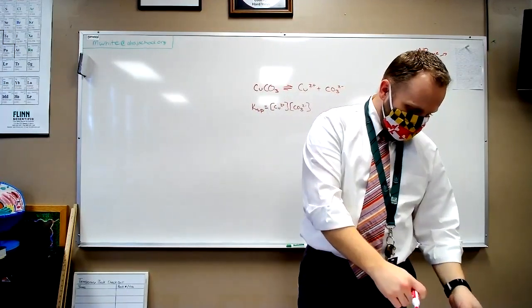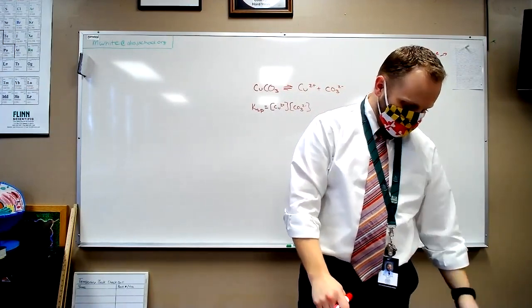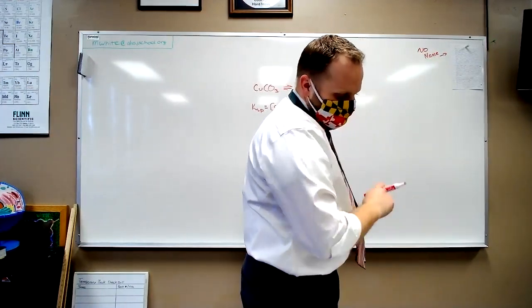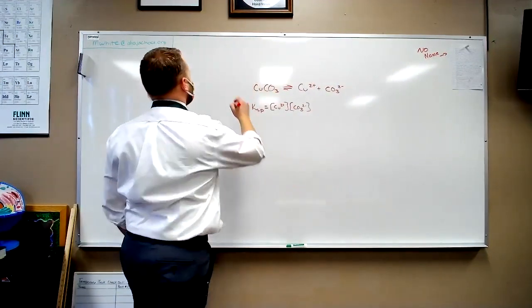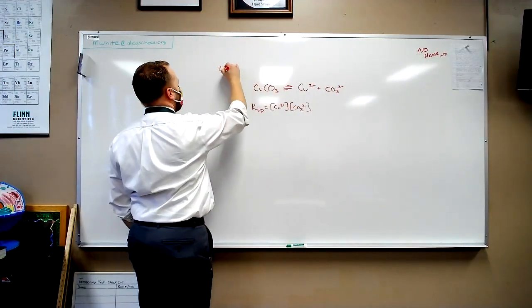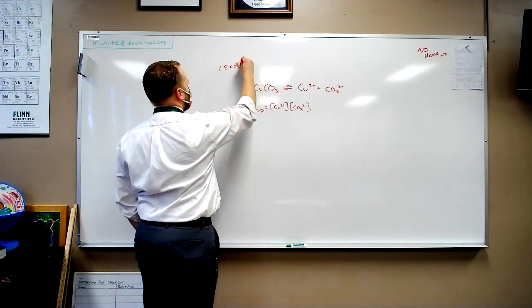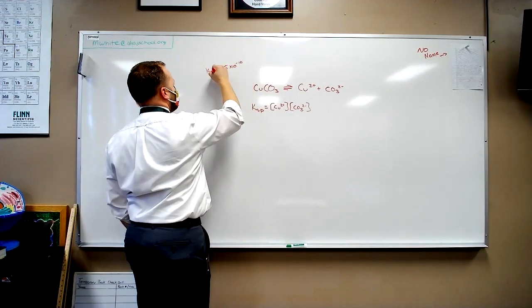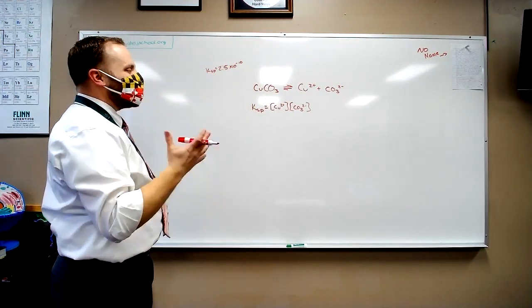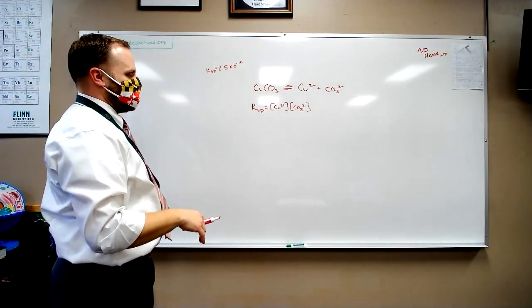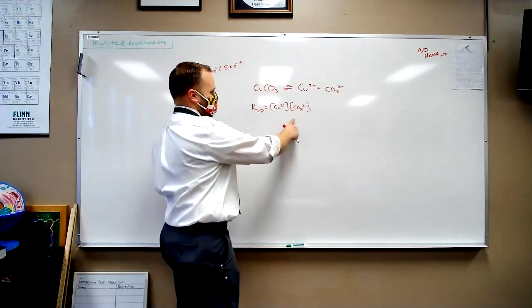It says to use the Ksp value from table 3, and the Ksp value is 2.5 times 10 to the minus 10. But that's all it gives us. It doesn't tell us one of these.